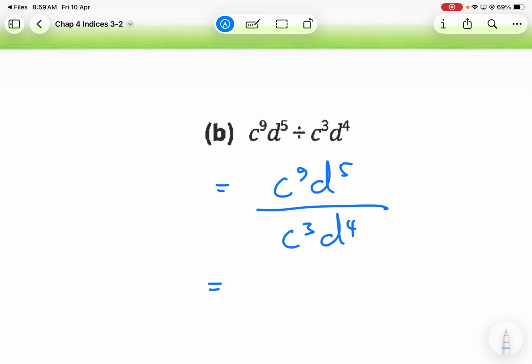So should I just times only. Okay, I always change my division to like that one to help myself see. Yeah, then after that I know that my 9 minus 3, my D 5 minus 4. Yes, yes.